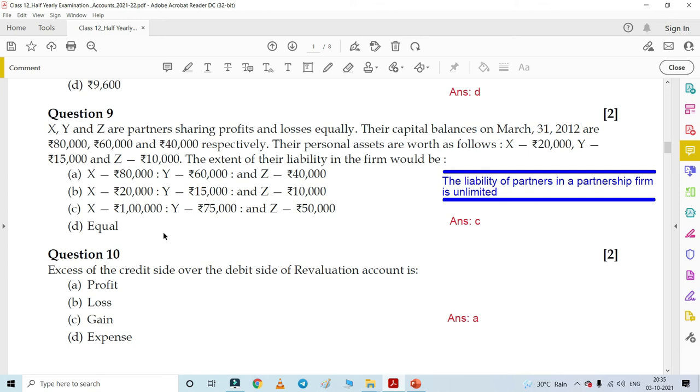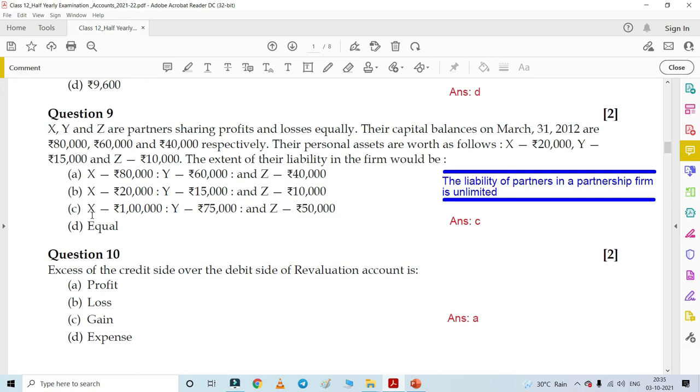Both will be added and it will be 75,000. In the same way for Z, 40,000 is his capital investment and his personal amount is 10,000. So both will be added and it comes to 50,000. So here the correct option will be C, that is 1 lakh for X, 75,000 for Y and 50,000 for Z.